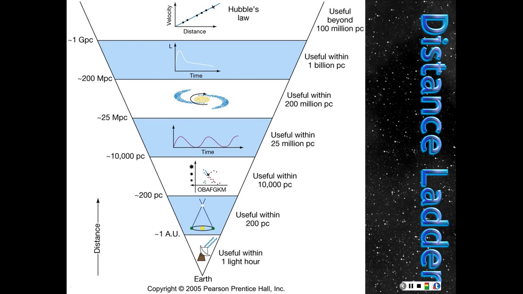Then we can use all of these to get Hubble's law, and this allows us to measure distances to all sorts of different objects. It turns out that the hardest thing is to measure distances to things in our own galaxy that are not associated with a cluster, because they're too far away to use parallax but they don't have enough information. They're not Cepheids, and they're not in a cluster, so it's really hard to measure their distance.